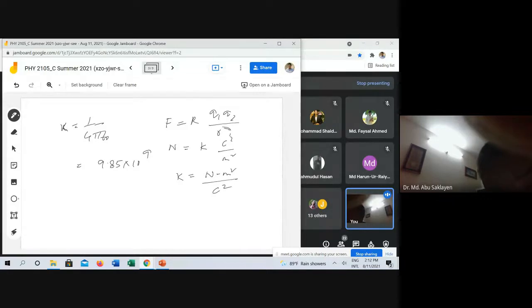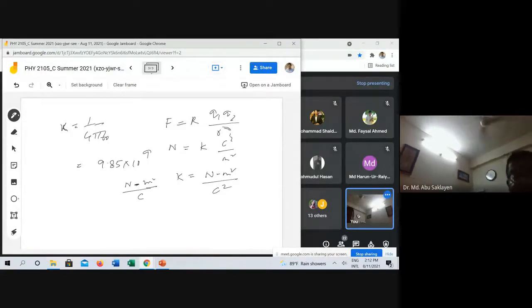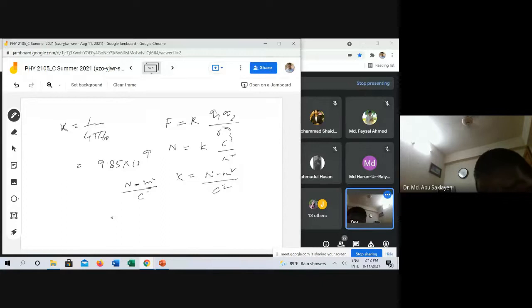This is the unit of k. If you don't know it, don't worry, you can find it by using the expression.